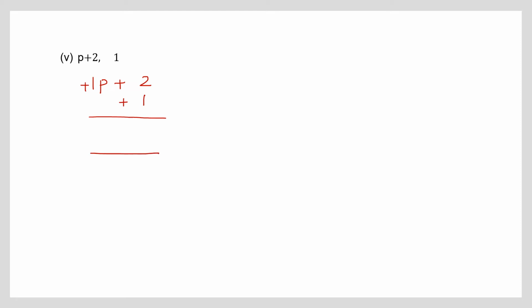Now since it's subtraction, the sign will change. So plus now becomes minus 1. So let's do the first part here. P becomes plus 1p. And here we have plus 2 minus 1. When signs are different, put the sign with bigger number and subtract. 2 minus 1 is 1. So that is plus 1.